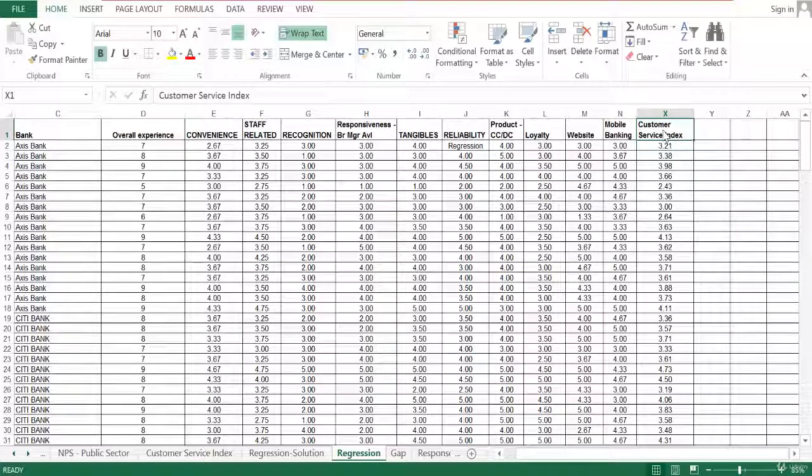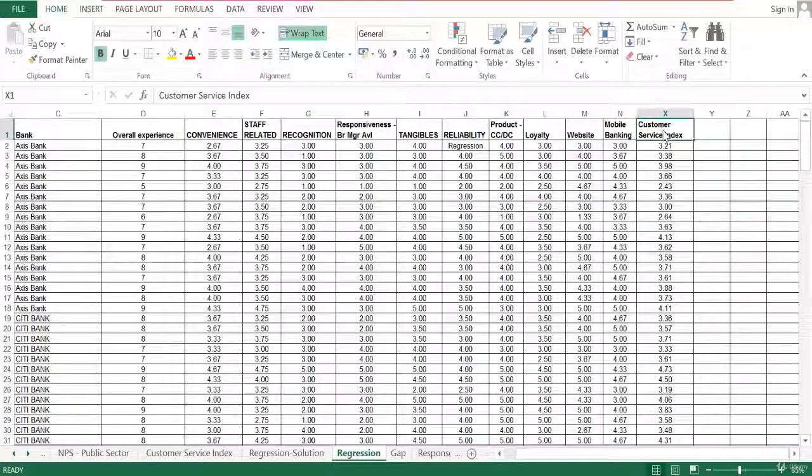Remember, at the end of the day, what matters to the banks is the customer service index, because it is a very important metric for a bank, as it helps in understanding the level of customer service which the bank is delivering. This is also a differentiating factor for most banks, because for some banks the customer service index is very high, and for some it is very low.